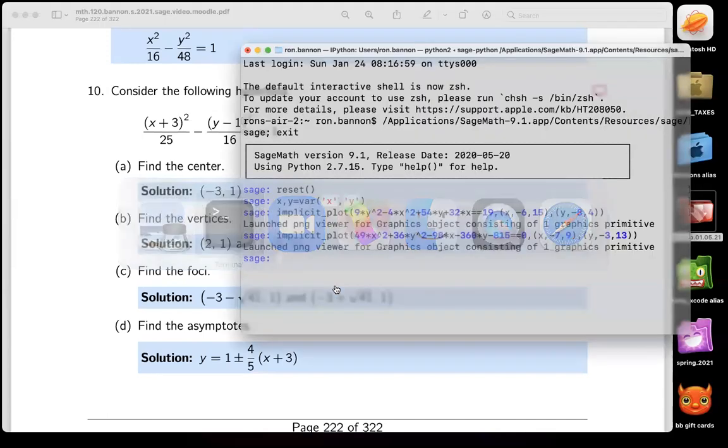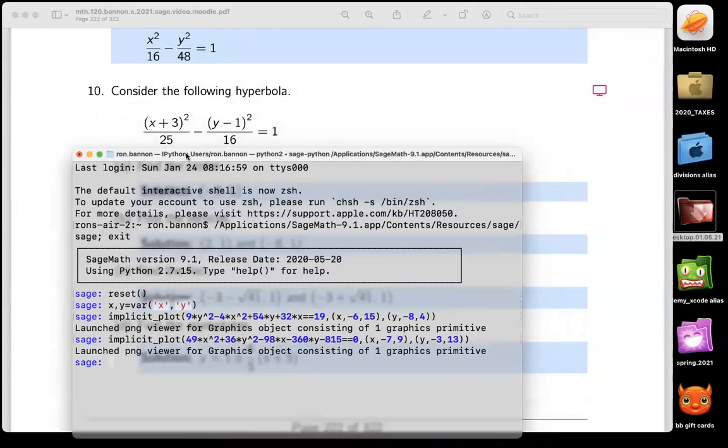All right, so what I'm going to do is just go back to my Sage. And I'm going to see if I can do it. All right, so I'm going to say implicit plot. Remember, if I make a mistake, it's not going to blow up. What do I see?